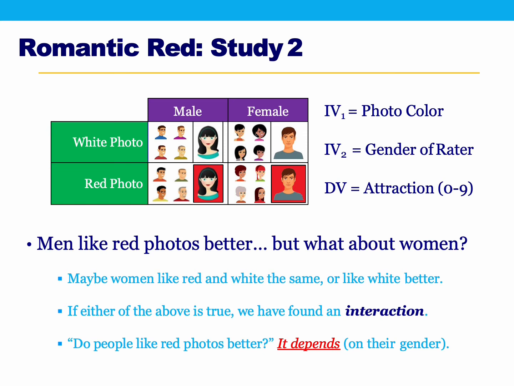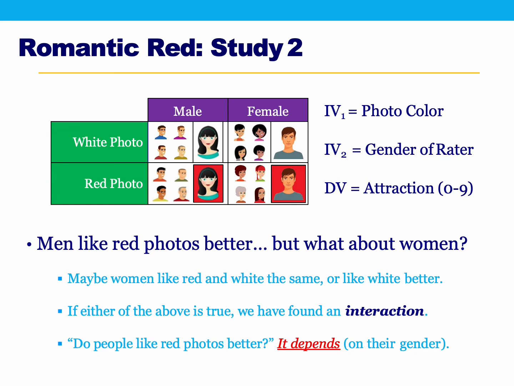If either of those possibilities are true, then we have what's called an interaction. So an interaction says the effect of photo depends on the sex of the rater. So, do people like red photos better? It depends on the gender.